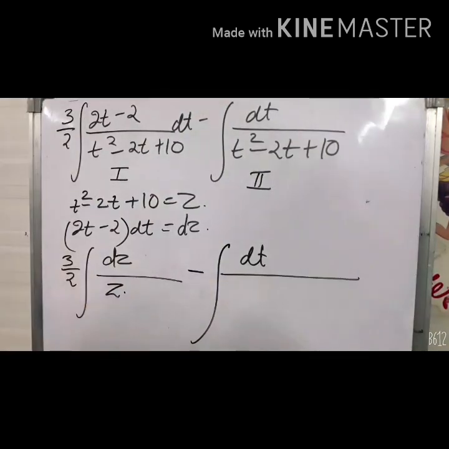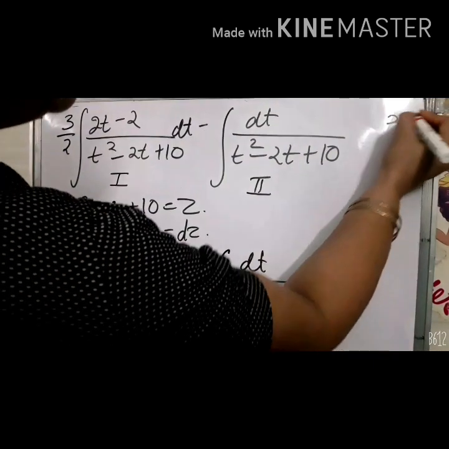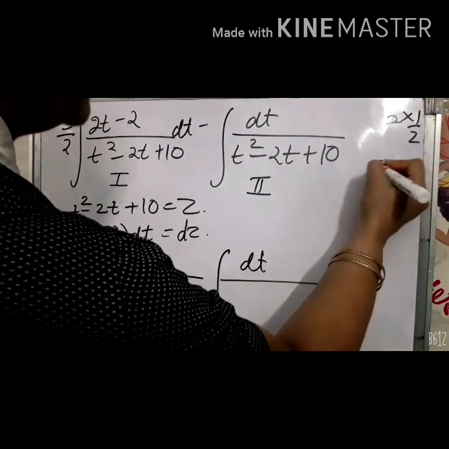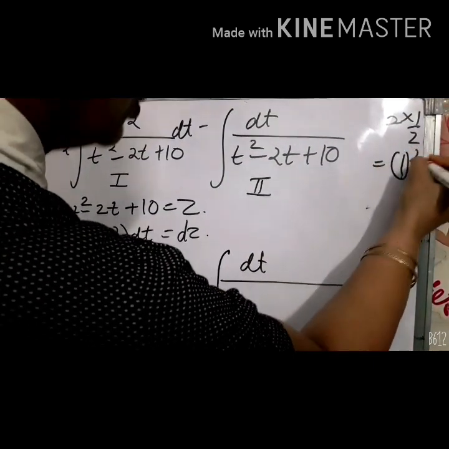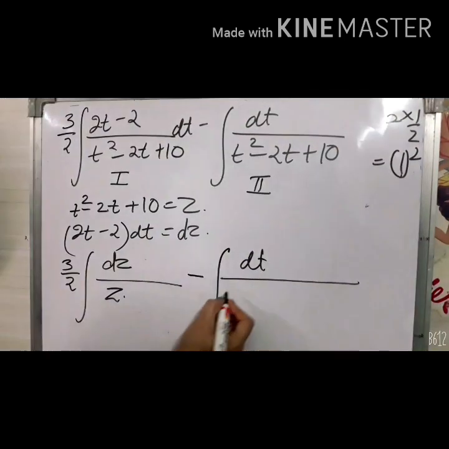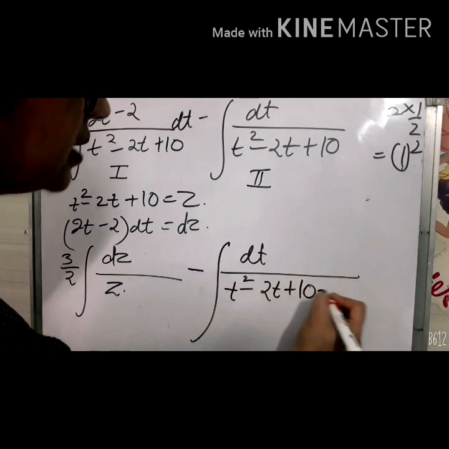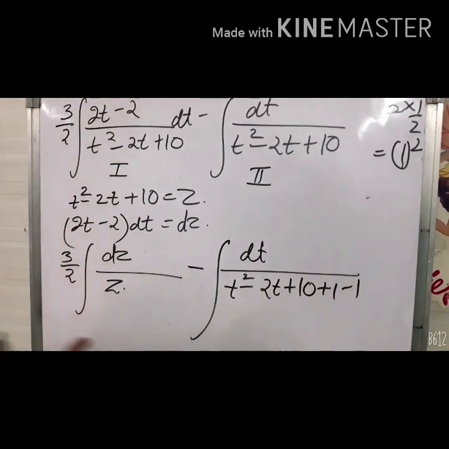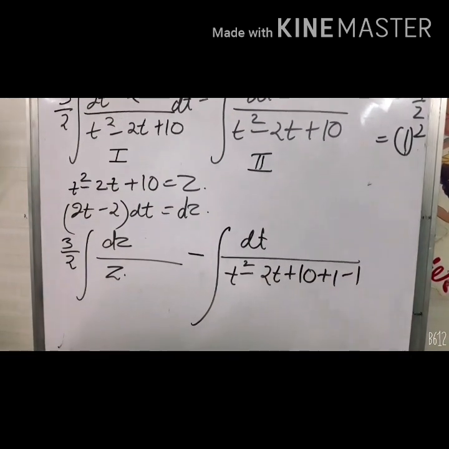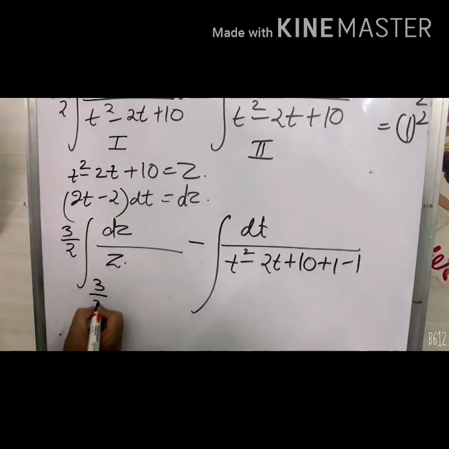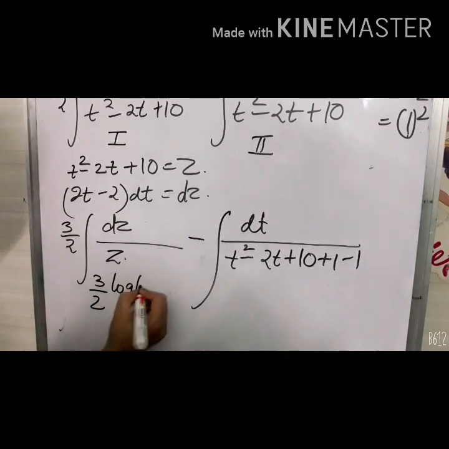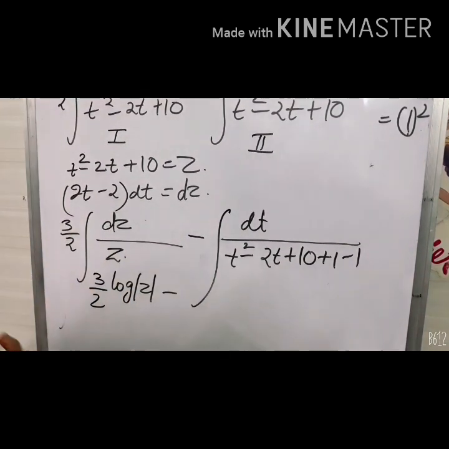Now the minus of this, again the same, completing the square method. The coefficient of t is 2, multiplied by half, it becomes 1. We need to add and subtract the square of 1: t square minus 2t plus 10 plus 1 minus 1. I wrote 1 because the square of 1 is 1 only. So 3 by 2 log z minus.